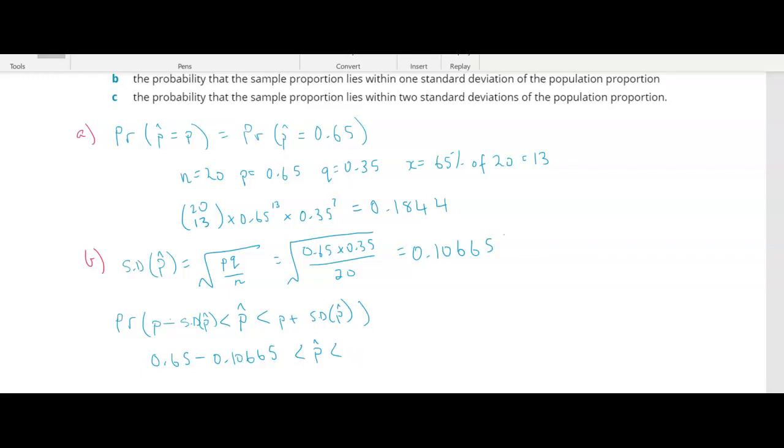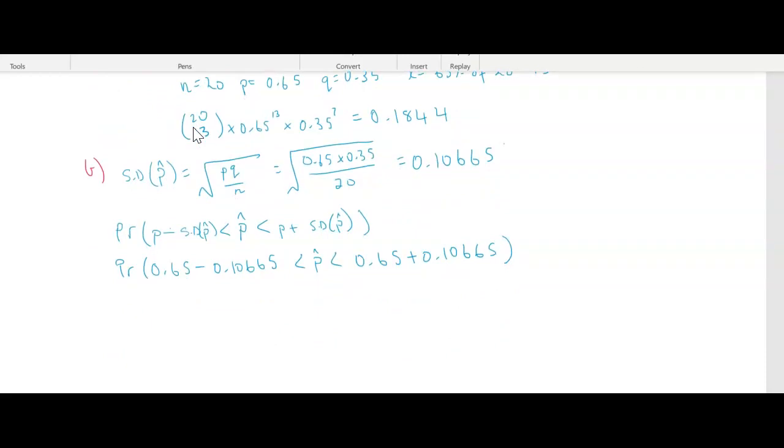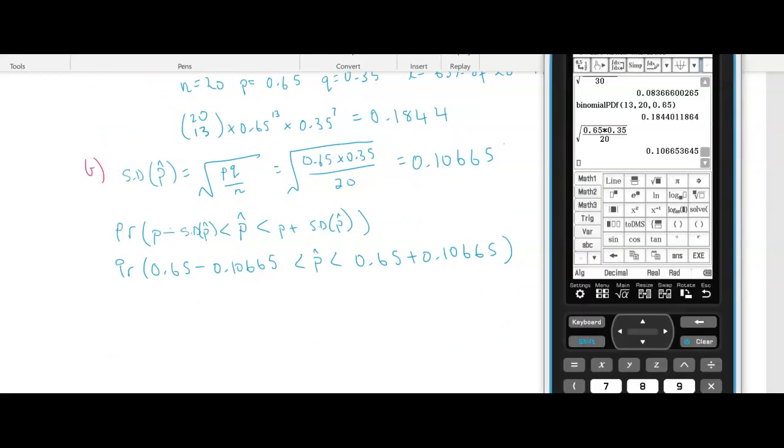So many numbers. P is 0.65 plus 0.10665. And I'm going to put the probability at the start. Okay, so we can do that on the calculator. And the good thing is we can just drag and drop it down.